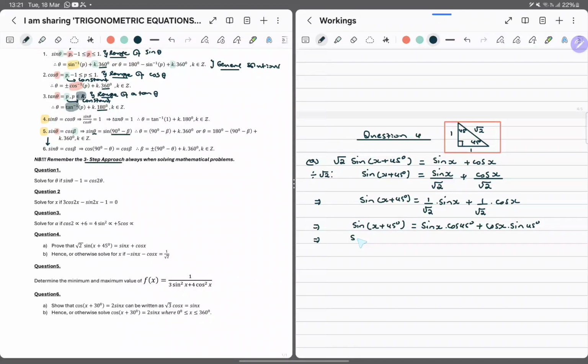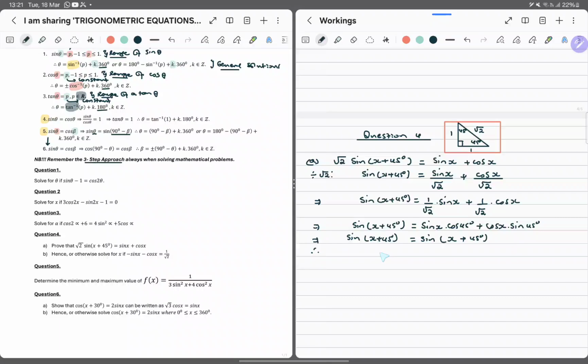This implies that sine of x plus 45 degrees is equal to, now this is the compound angle identity for sine when it is expanded. So we can contract it to sine of the first angle plus the second one.